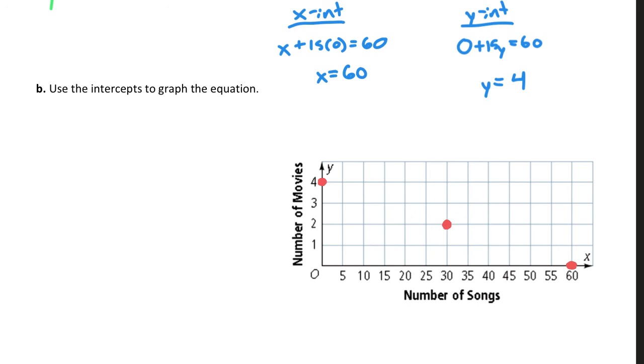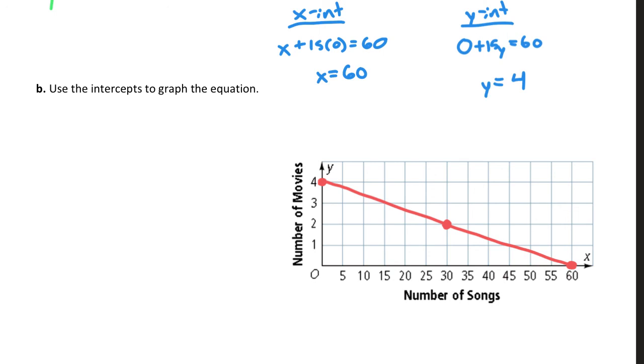So if I'm going to graph this equation, now, I am not going to extend past the y-axis or the x-axis, because then I'd be getting into negative values, and negative values don't make sense for number of movies or number of songs. So this line tells us the combinations of movies and songs we can buy when we have $60 to spend.